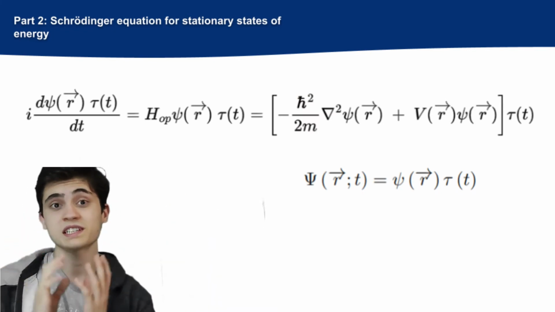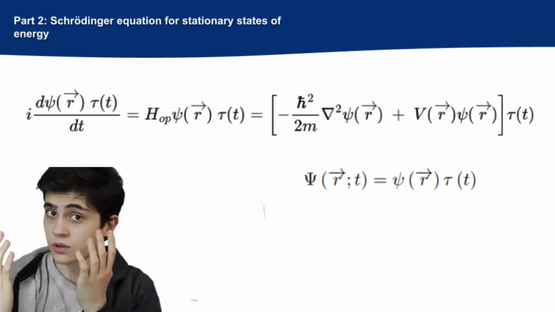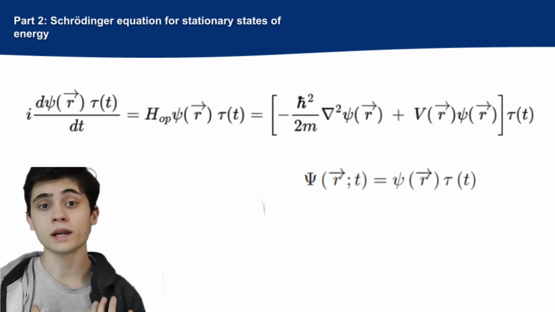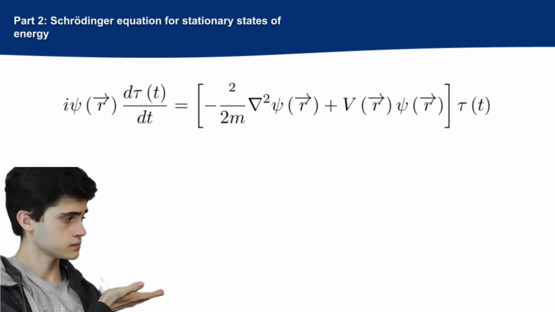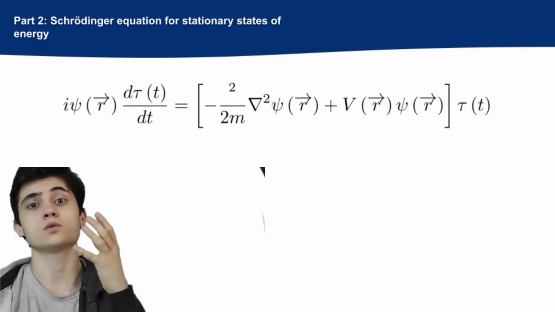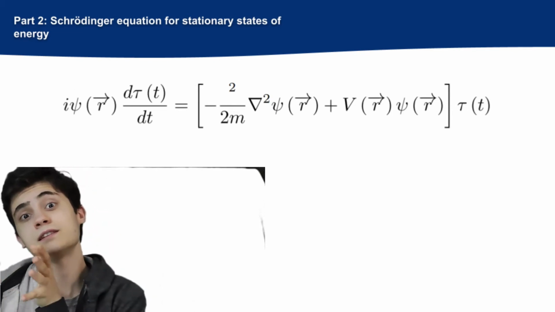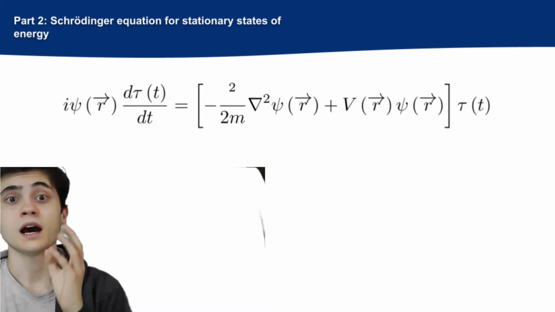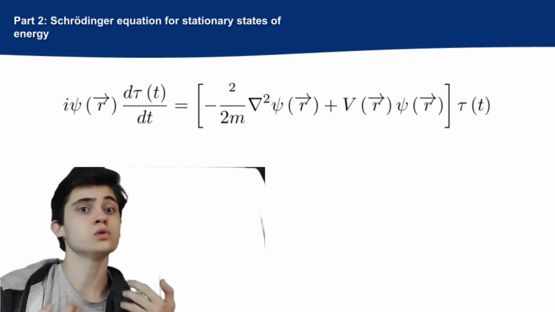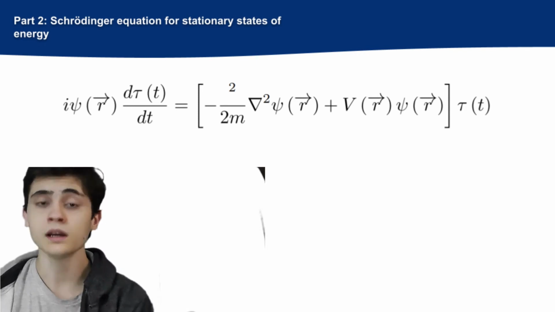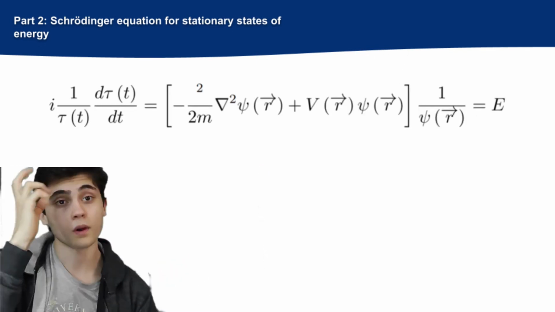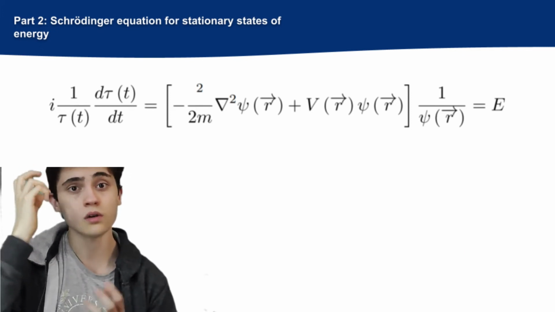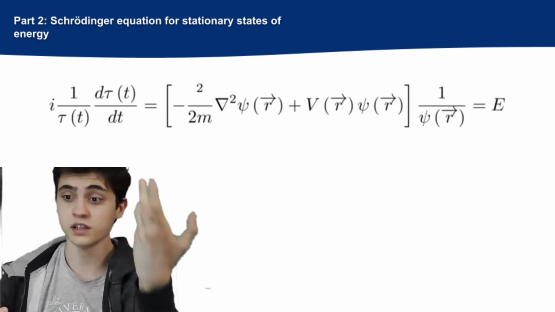Because psi doesn't depend on time, we can rewrite the equation as this. If we pass to the right the term that depends on space and to the left those that depend on time, we get this, where E is a separation constant with energy units.